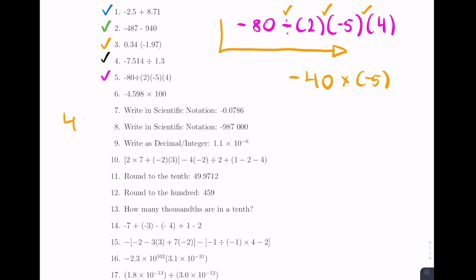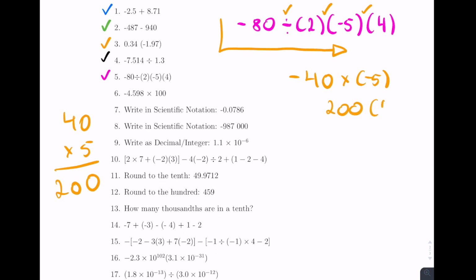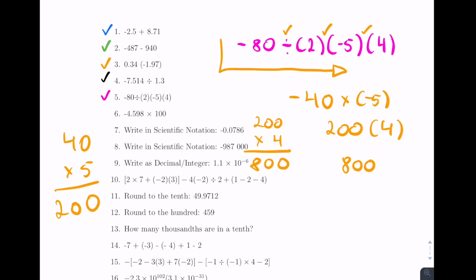So 40 times 5. You can do that on the side. So that's 200. And now times the 4. So 200 times 4, that will be 800. And again, you can do that on the side. Okay. And that's my answer for question 5.